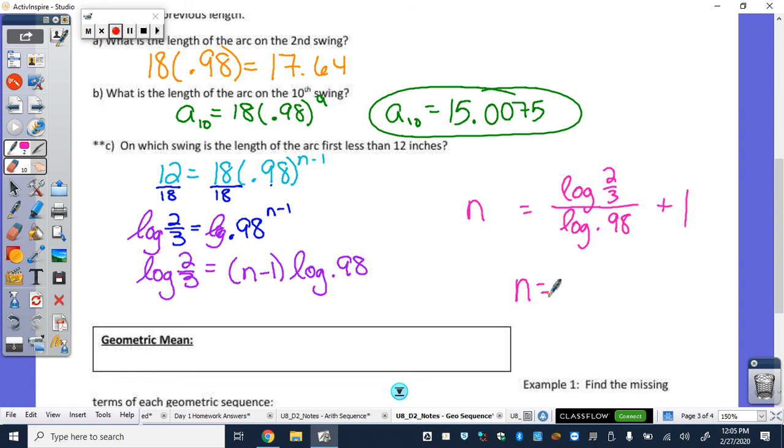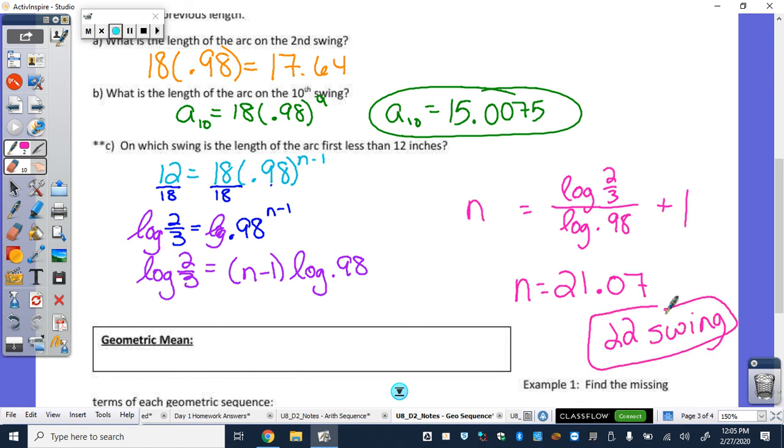Let's see what we get for a decimal. 21.07. So on which swing would it actually be less than 12? On the 22nd swing. Because on the 21st swing, it's still going to be more than 12. You got to go a little beyond that 21st swing. So that means you got to go on the 22nd swing, and that's when it'll finally be less than 12.